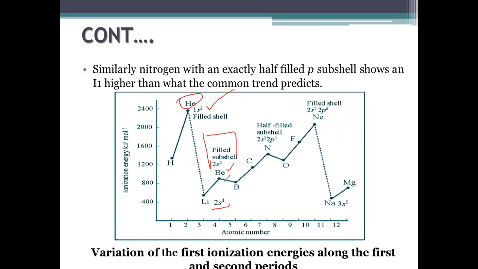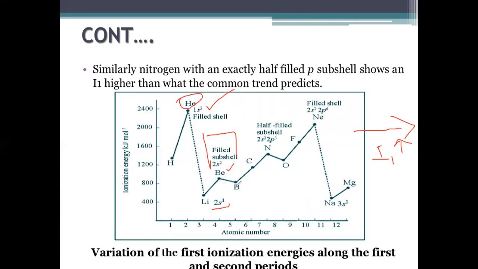Again, that has the highest ionization energy. You can see beryllium along the period, right? Along the period, the I1 is increasing. This is what we said, but it's not entirely true. Along the period there is an irregularity, as we said. Beryllium has the filled subshell, therefore it shows a little bit of a rise in ionization energy.